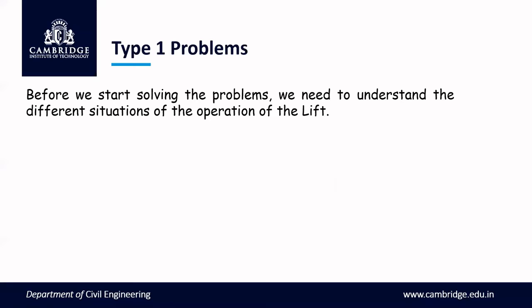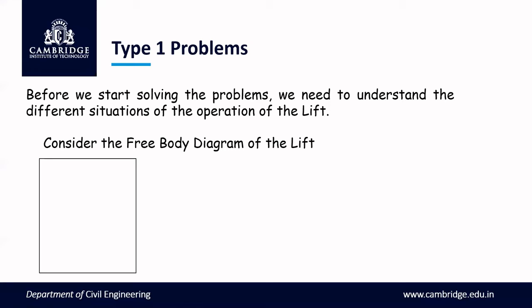Before we start solving these kinds of problems, we need to understand the different situations of the operation of the lift. If we consider the free body diagram of the lift, it would look something like this. There is a system of forces. It is being connected by a spring scale.